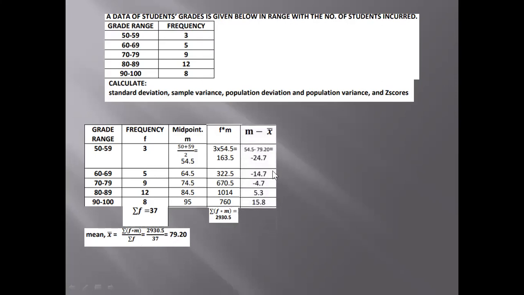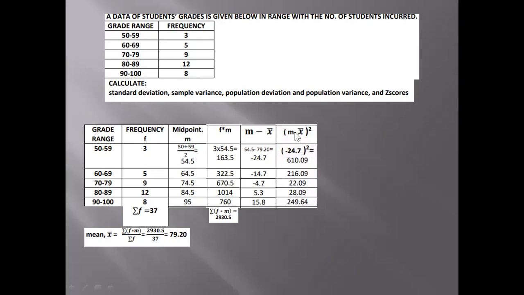For your fifth column, m minus x bar: 54.5 minus 79.2 gives us negative 24.7. For 64.5 minus 79.2, we get negative 14.7. 74.5 minus 79.2 gives us negative 4.7. Then 5.3 and 15.8 are the values for the 80 to 89 and 90 to 100 ranges, respectively.